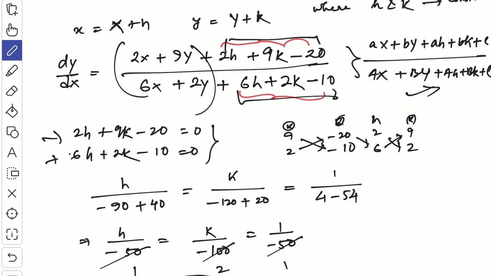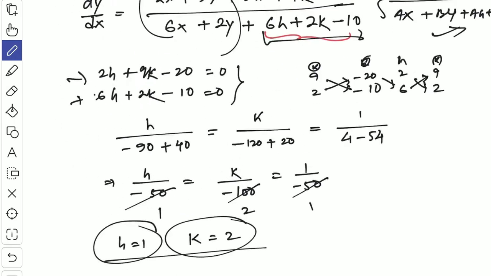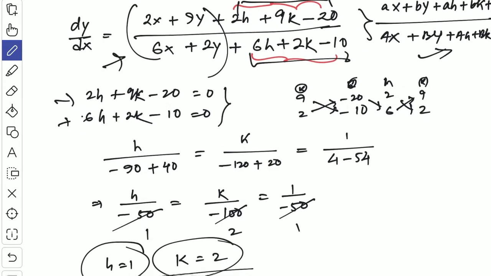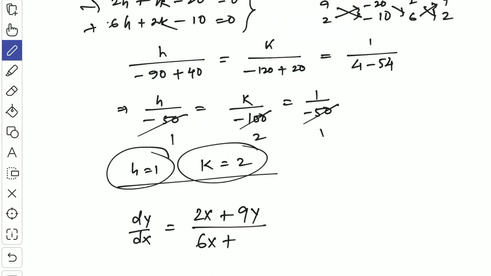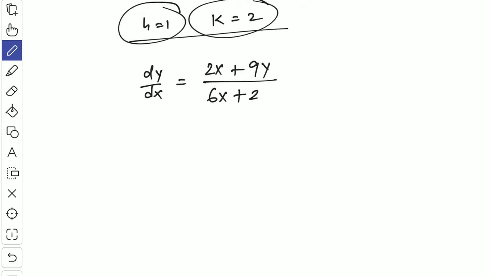dY/dX will be, what is the remaining part here, 2X + 9Y over 6X + 2Y. So let us write this one: dY/dX = (2X + 9Y)/(6X + 2Y). Okay, that's what you will get.